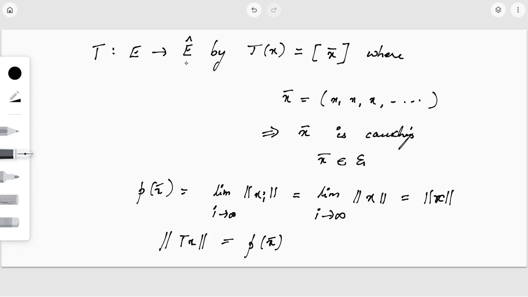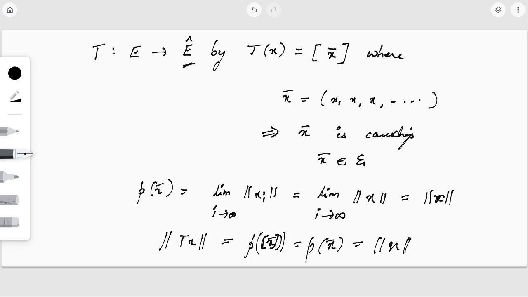TX will be an element in E cap, and any element in E cap will be of the form of cosets, and so norm of TX is nothing other than P of the coset X bar. But we know that P of the coset X bar is nothing other than P of X bar, and we have seen that P of X bar is norm X itself. So what did we get? We got norm TX is equal to norm X. So the mapping that we defined is an isometric mapping.